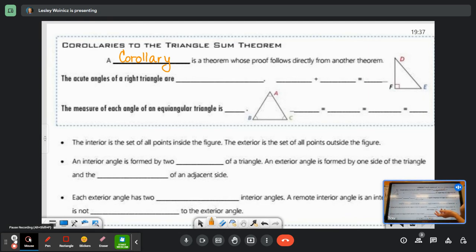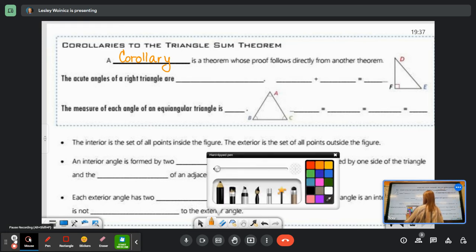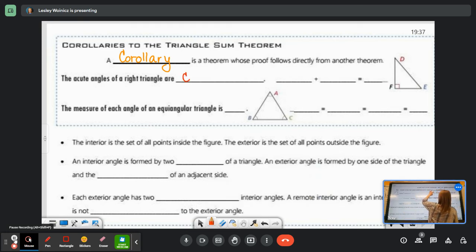One of them is that the acute angles of a right triangle are complementary. If you've got a right angle, which is 90, and they all have to add up to 180, there's only 90 degrees left for the other two angles to share.